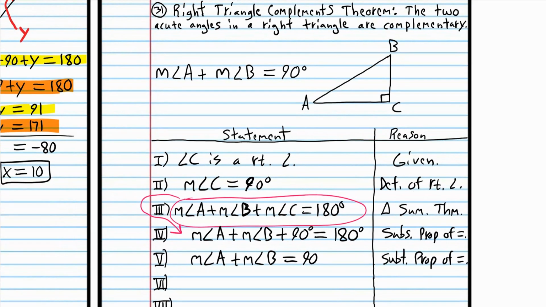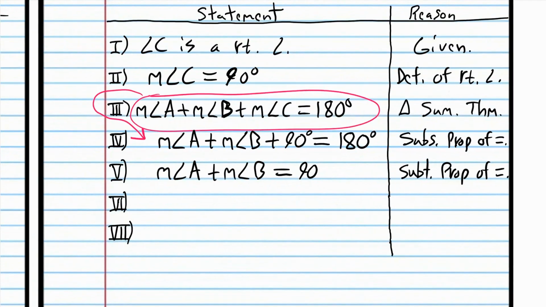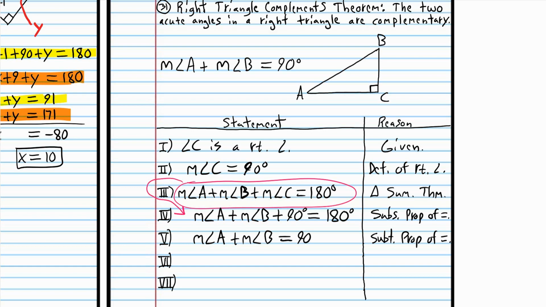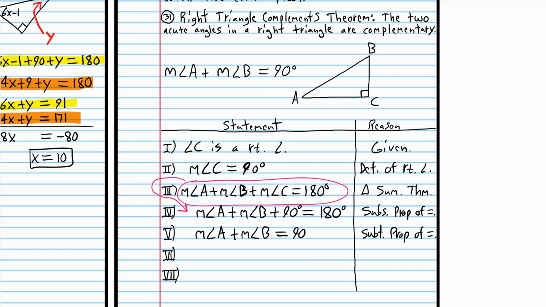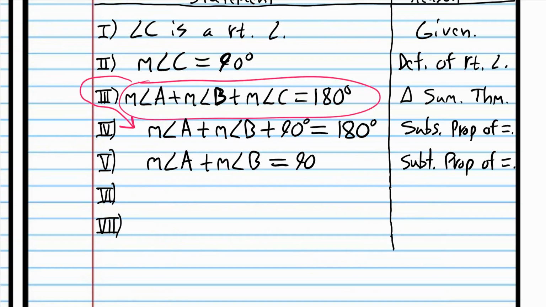And at that point, we know that the measure of A plus the measure of B is equal to 90. So by definition, angle A and angle B are complementary angles.